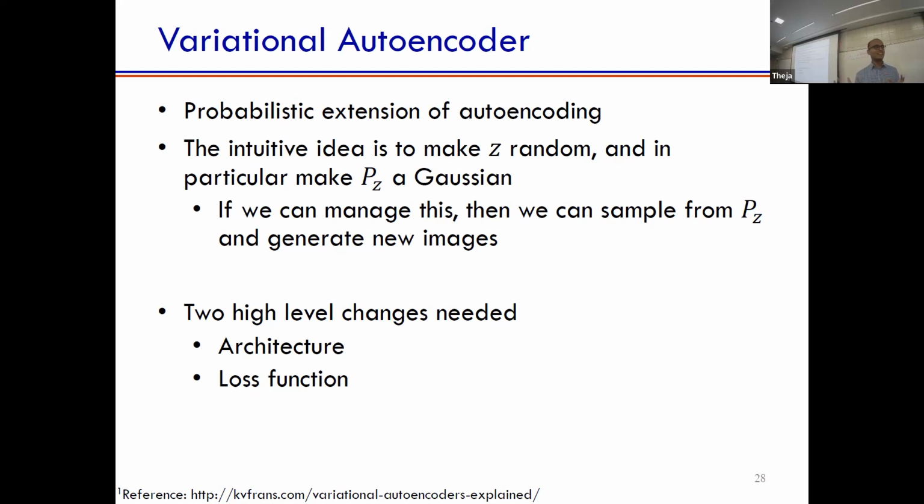And obviously on the x side, if there's a bunch of images, you're thinking of a distribution of images. That's, as we already discussed, a complex object. But the z space, if you think of z as a random variable, we can choose some distribution on it, and in this particular architecture, they specify a specific distribution on z. You can say, why do you have to choose a distribution on z?